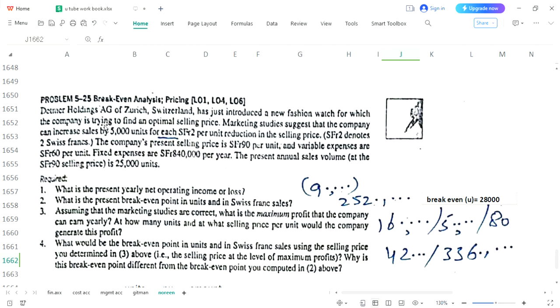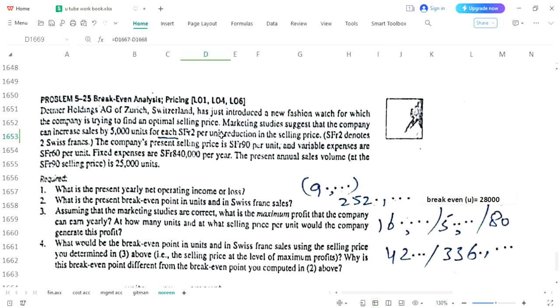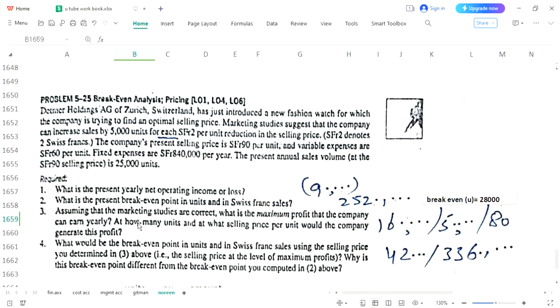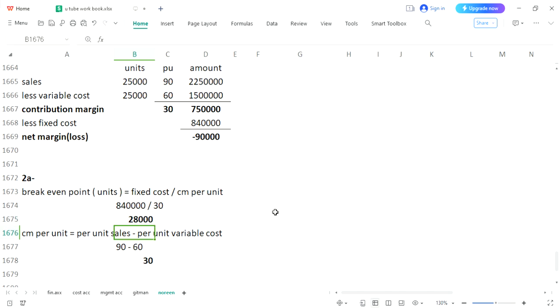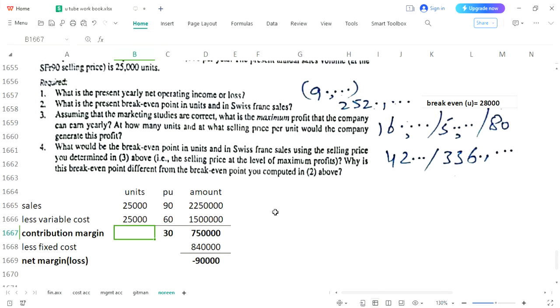So finally, for 5.28, all answers are calculated. First answer was 90,000; you can see 90,000 loss, brackets are mentioned over here. Then you calculated your second answer 28,000, which was present over here. Then your third answer 20,000, which was over here.